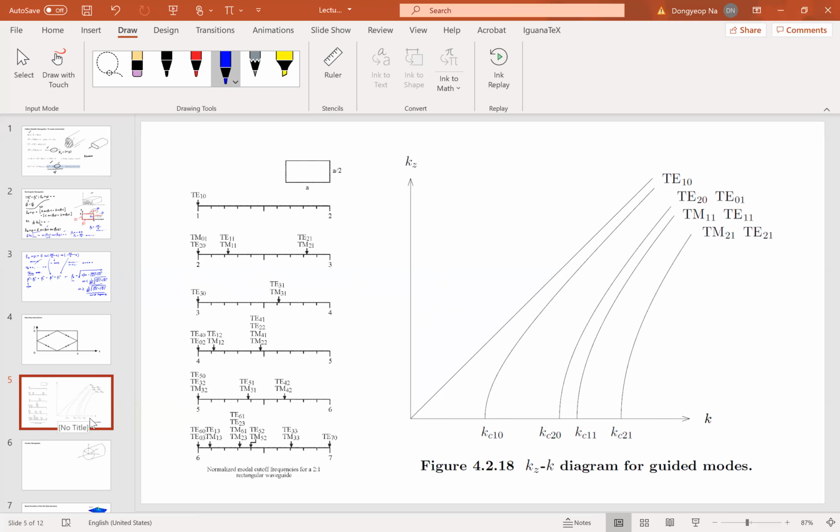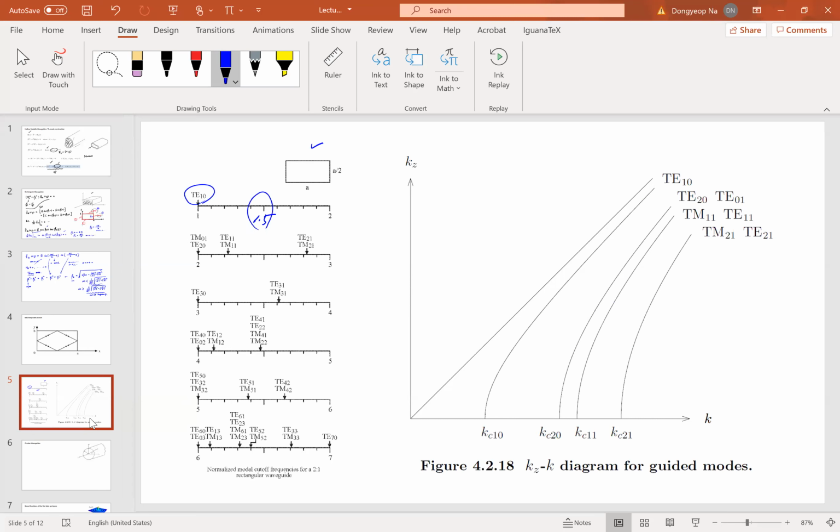So in this rectangular waveguide, the TE10 is the lowest mode which can propagate inside a waveguide. So if we excite some sources below, for example, 1.5, in this case, yeah, this is just a symbolic expression for frequency.